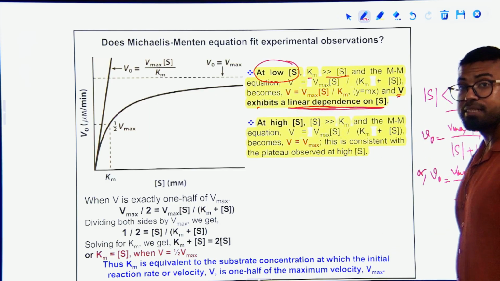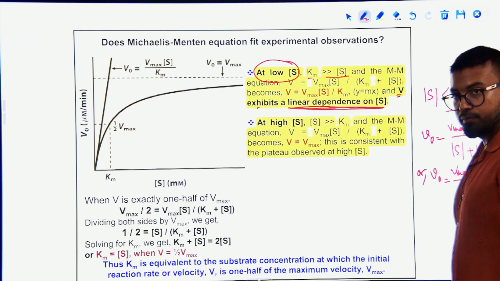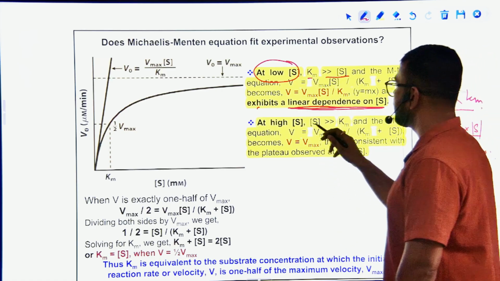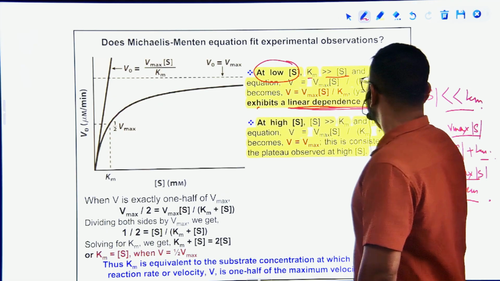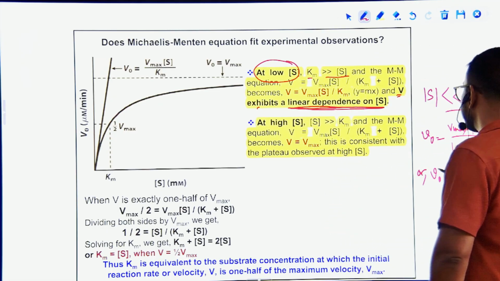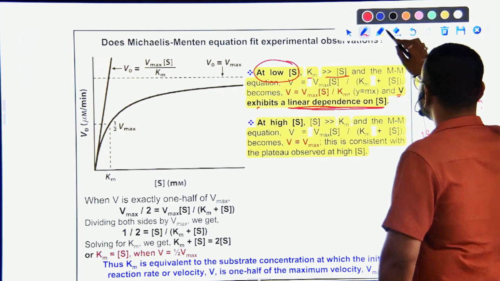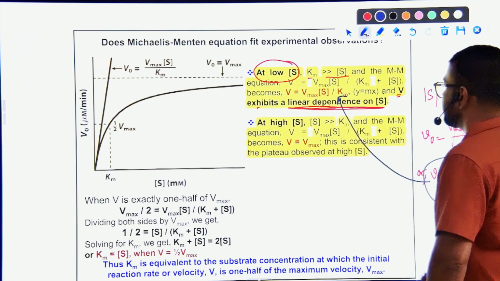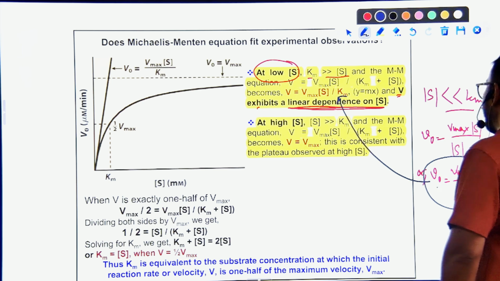When substrate concentration is low, that means the graph should be linear. When substrate concentration is low, we are getting something like this. The final output should be something like this. V equals Vmax into substrate concentration by Km.